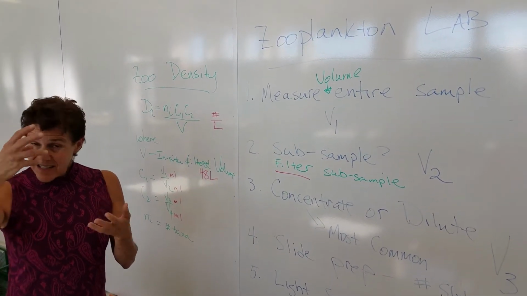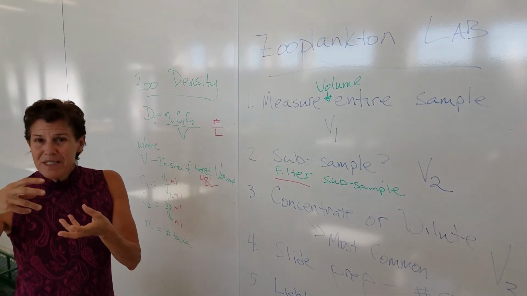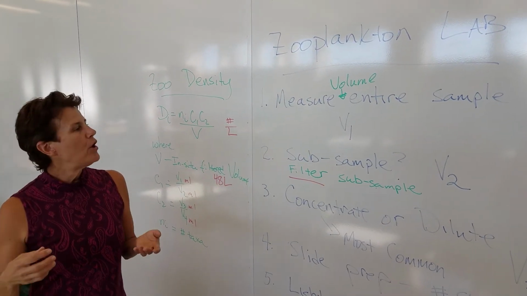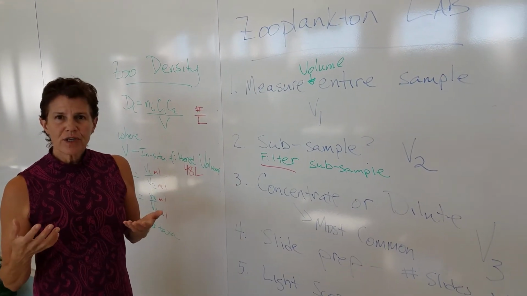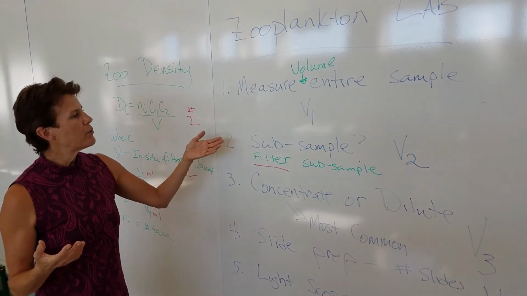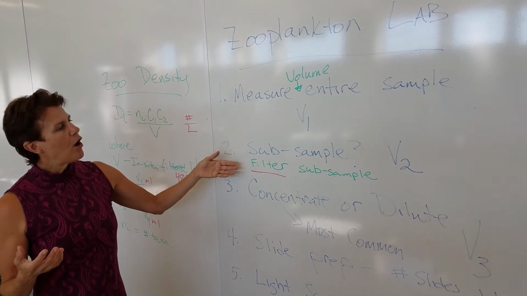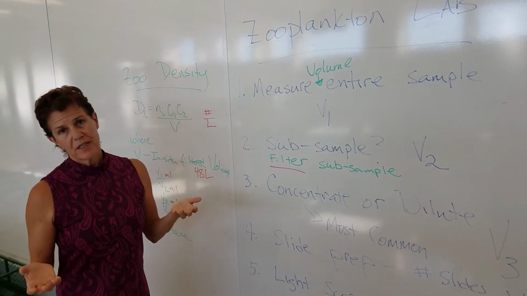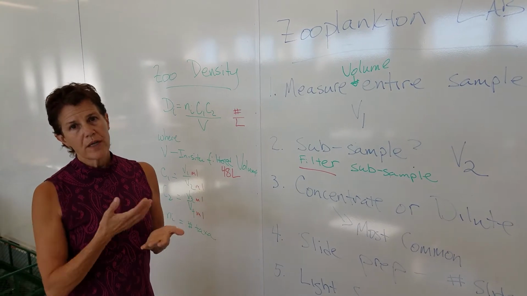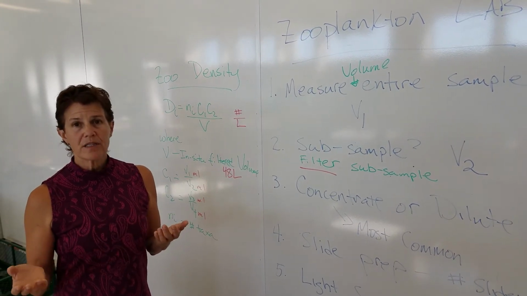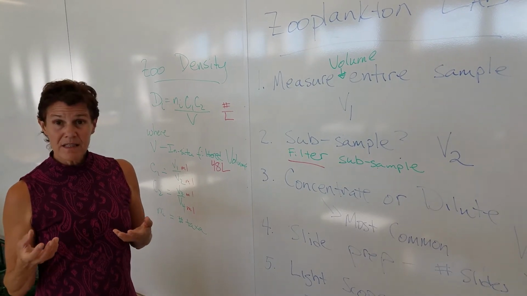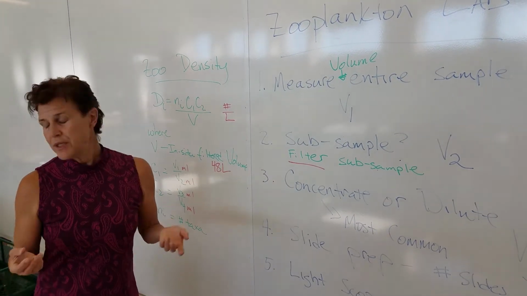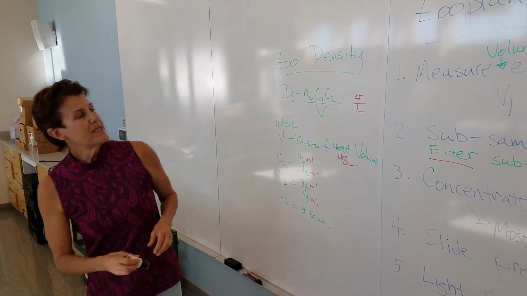So you can see little floating bits of pink in the sample and make a decision based on experience and just looking at that graduated cylinder on whether we want to take a subsample or whether we want to filter the entire sample. So we don't want to be breathing ethanol, and so we need to filter and rinse the organisms. And so what we do is we normally take a subsample.